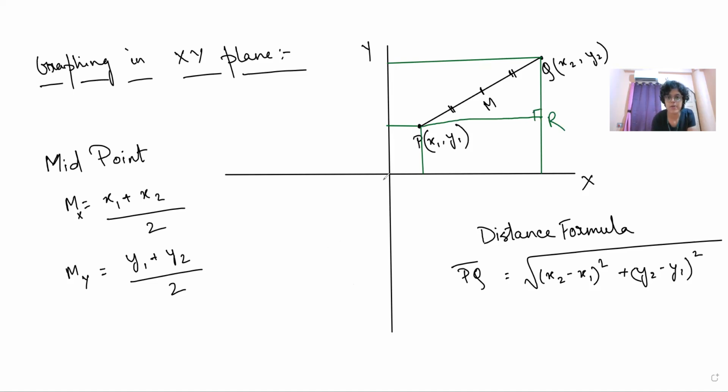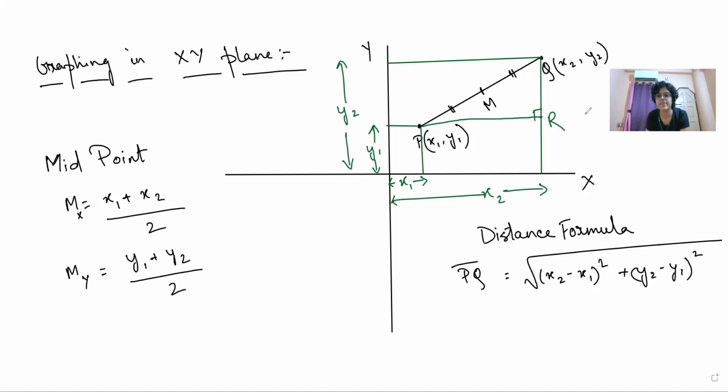Now, let's go ahead and see what we get here. This is x1, this would be x2. In the same way, this is y1, and this would be y2.